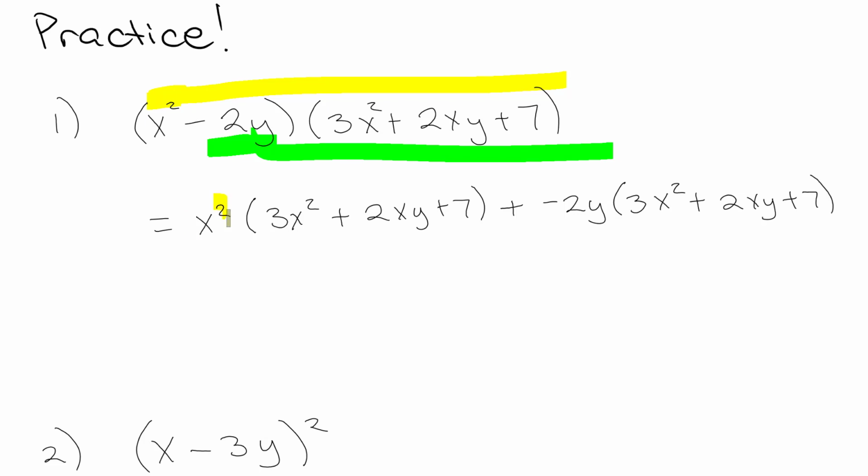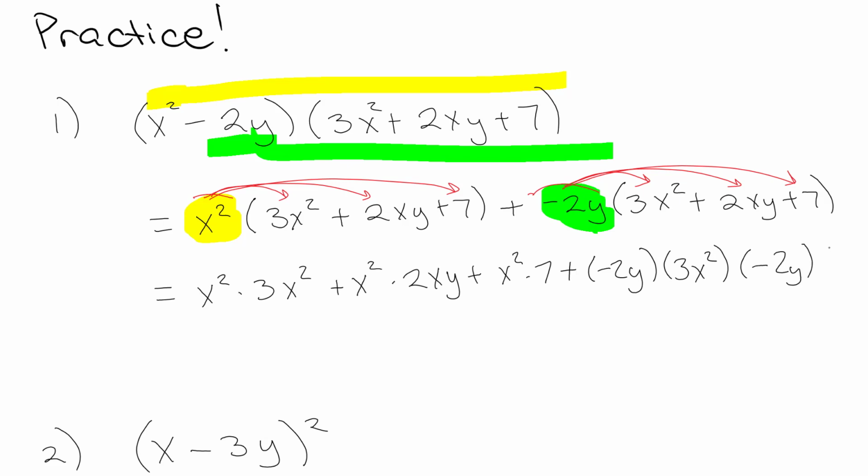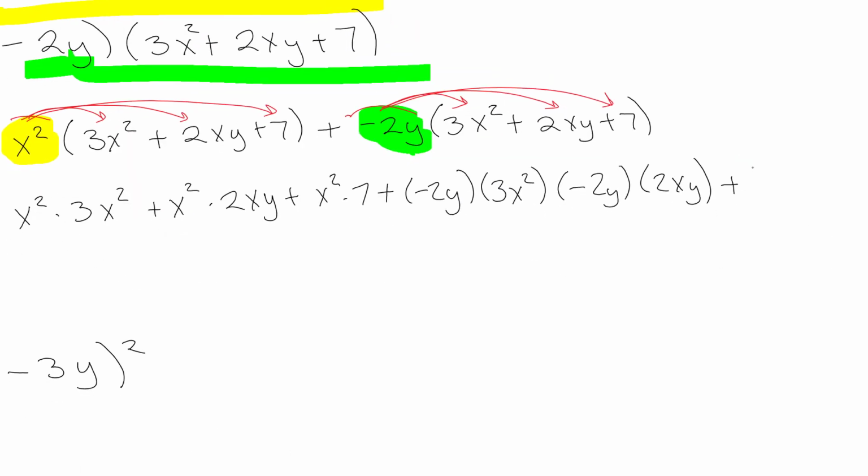So the x squared gets distributed across each one of those terms, and the negative 2y gets distributed across each of those terms. So I've got x squared times 3x squared, x squared times 2xy, x squared times 7, negative 2y times 3x squared, negative 2y times 2xy, and negative 2y times 7.